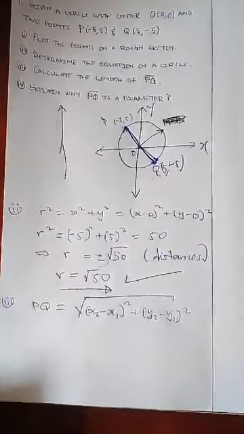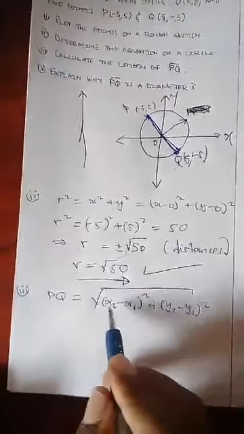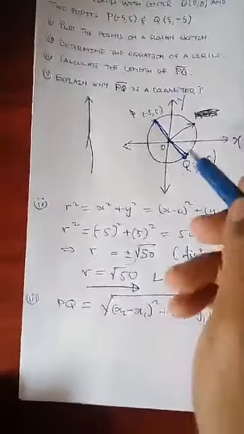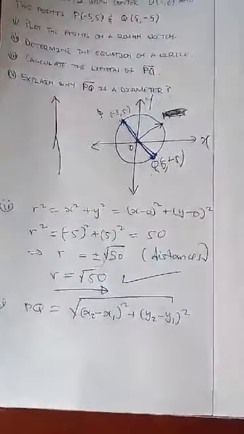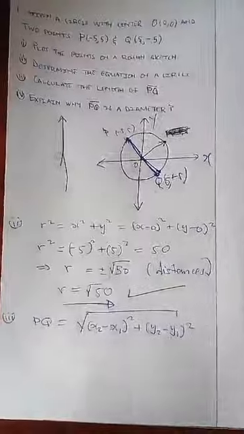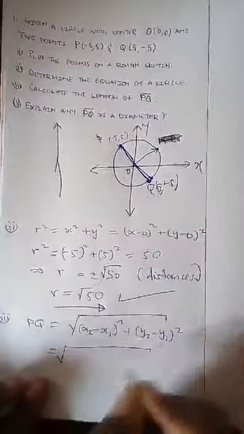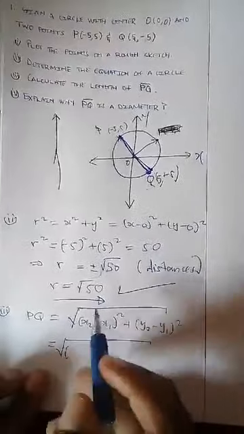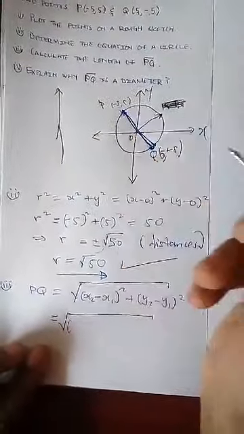And x2 and y2 are values of x and values of y, either at Q or P. You decide, as long as you use the other point for the other. So we know that the numbers here are 5s. So let's take Q as our point 2 and P as point 1.